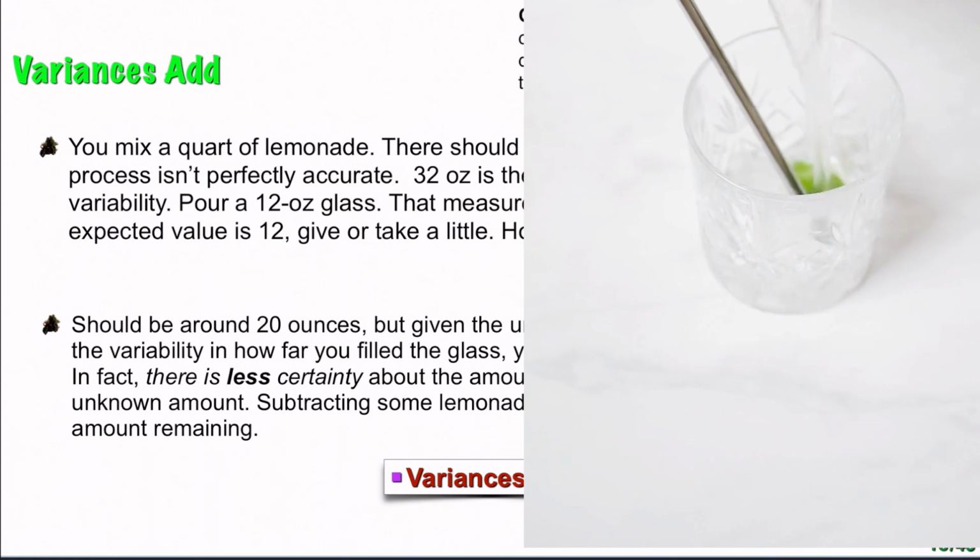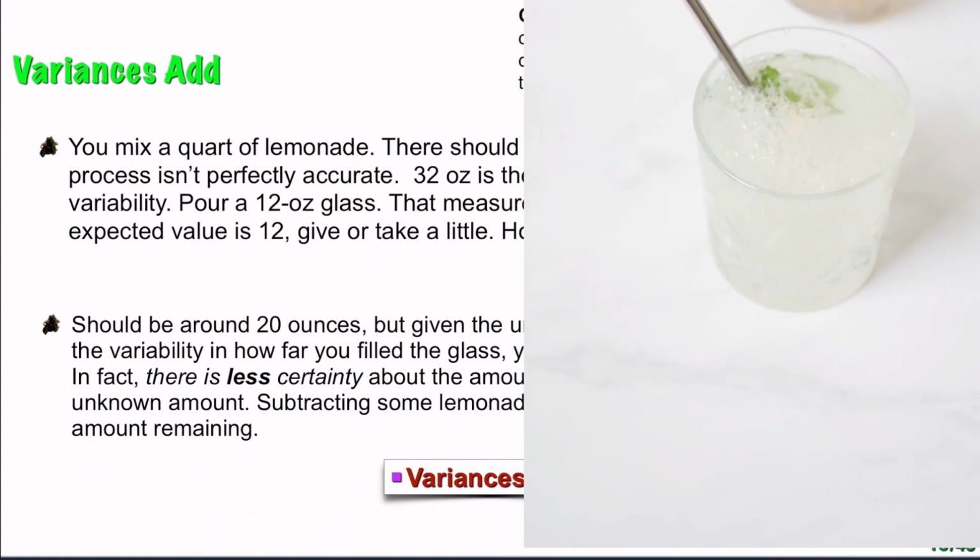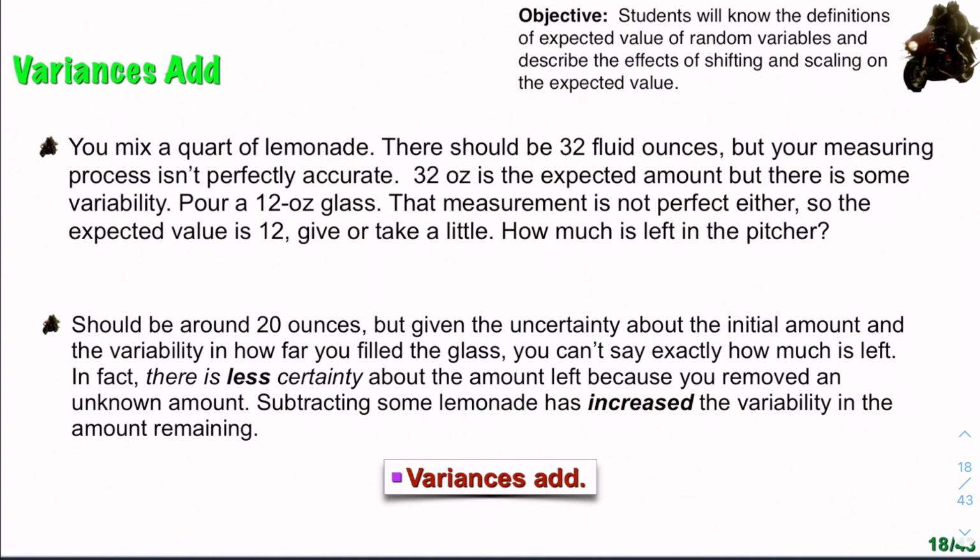Now, you should think it should be around 20 ounces. That is the expected value with the subtraction. But given the uncertainty about the initial amount and the variability in how far you filled the glass, you can't say exactly how much is left. In fact, there was a little give or take with the first setup, and then a little give or take with the second pour.